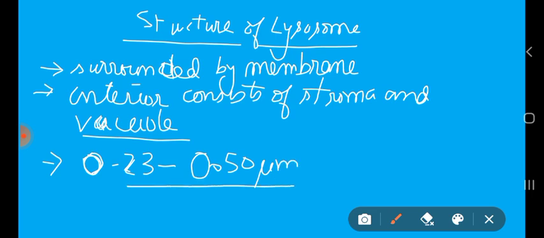Due to this variability in size, identification of lysosome is rather difficult.